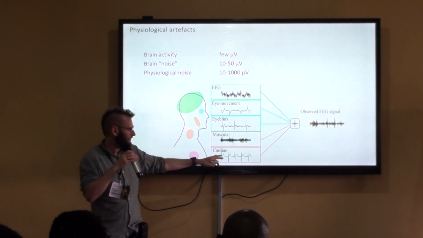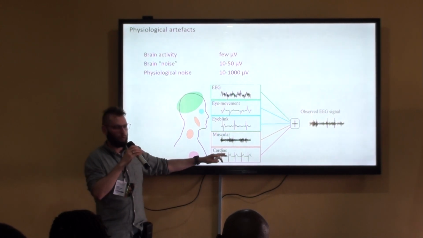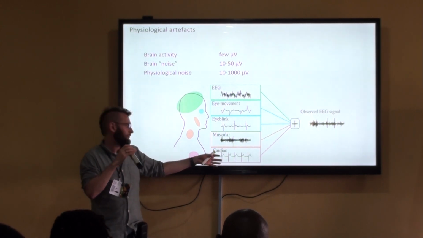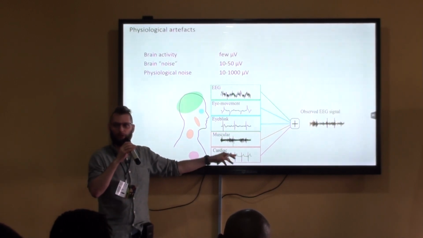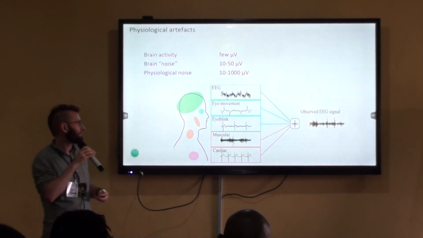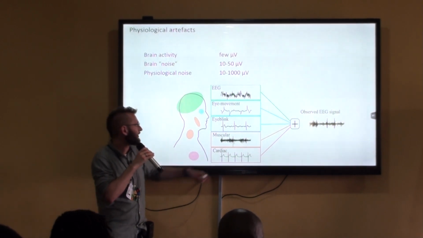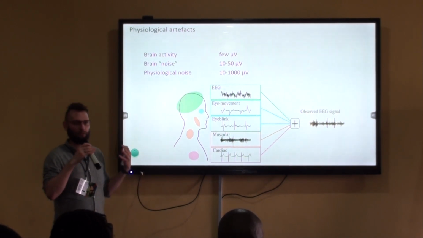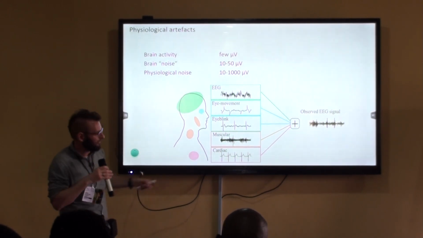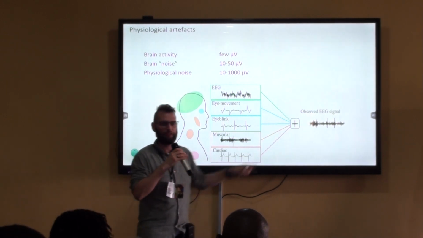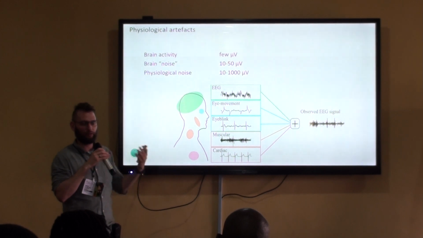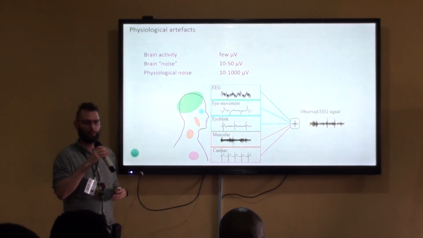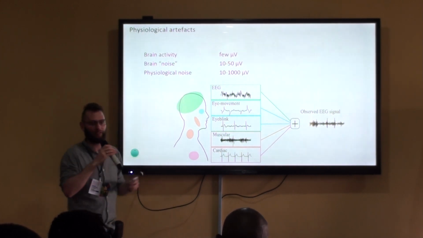And cardiac, we don't always see this in EEG, but sometimes we can, and it has very stereotypical waveforms as well. And all these, similar to everything else we measure, are just summed together to give the actual measured signal. These can be from a factor of 10 to actually 1,000 times larger than the original brain signal that we are looking at.